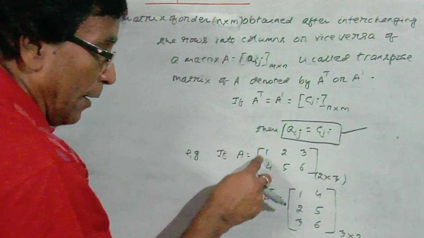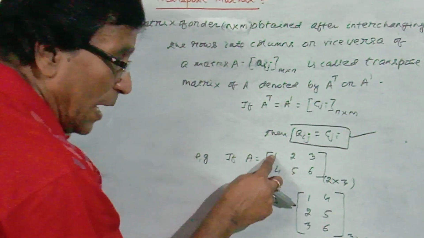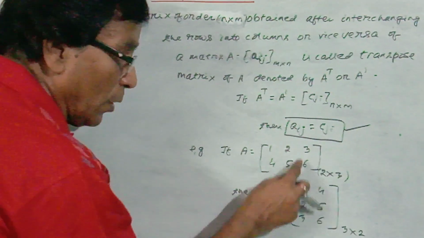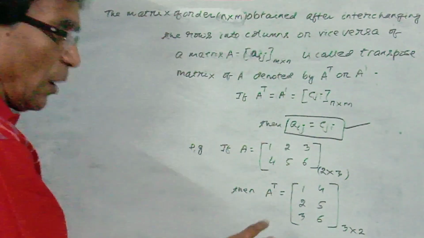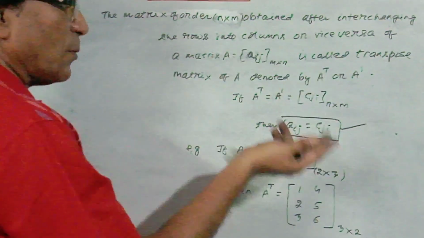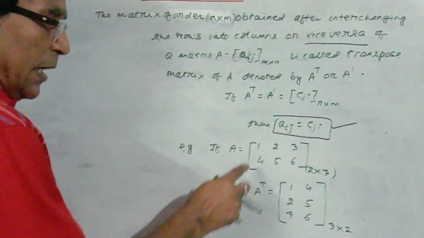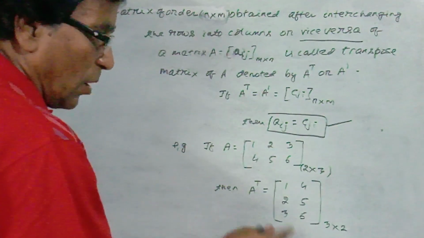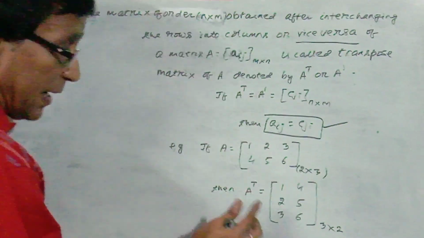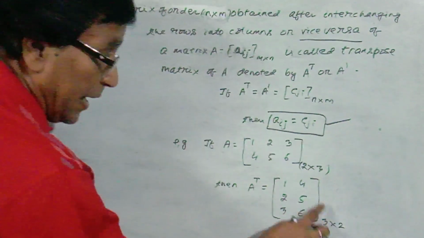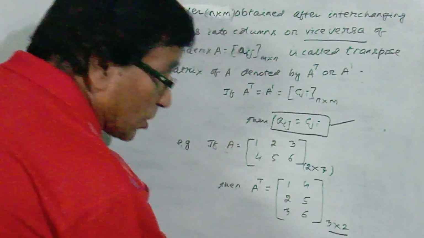Or you can say first column becomes first row, second column becomes second row, third column becomes third row. So either you interchange rows into columns or columns into rows. That means I have said vice versa. So if you interchange the rows into columns or columns into rows, then the matrix is called transpose matrix of A and it is of order 3 cross 2.